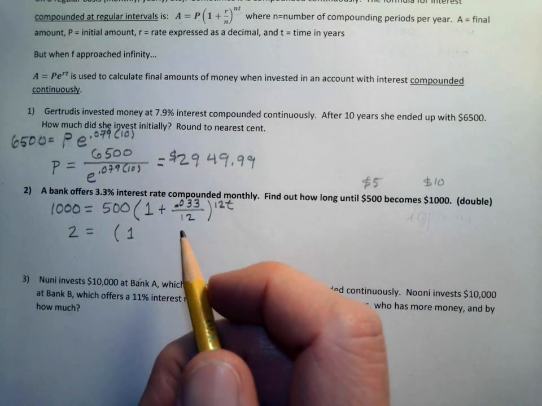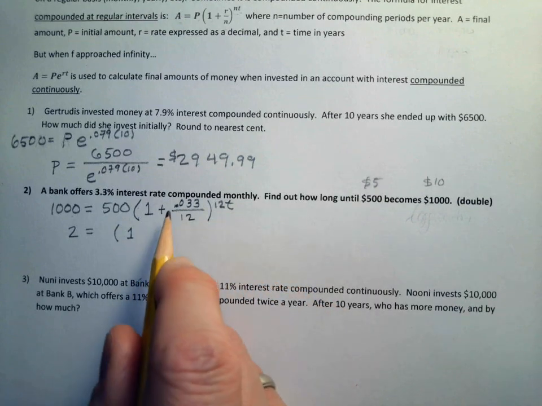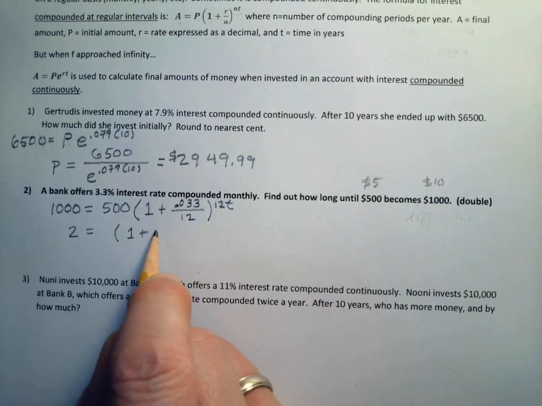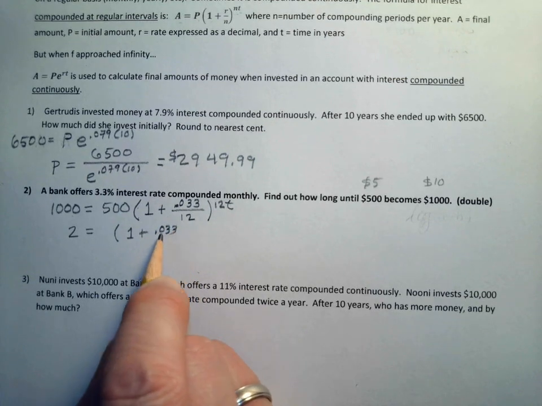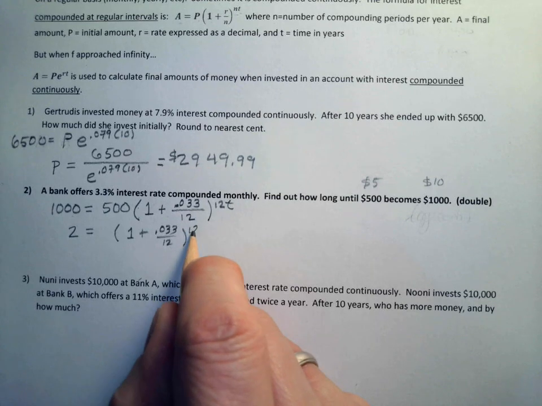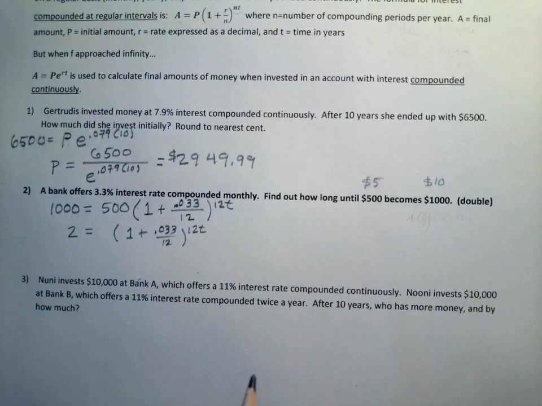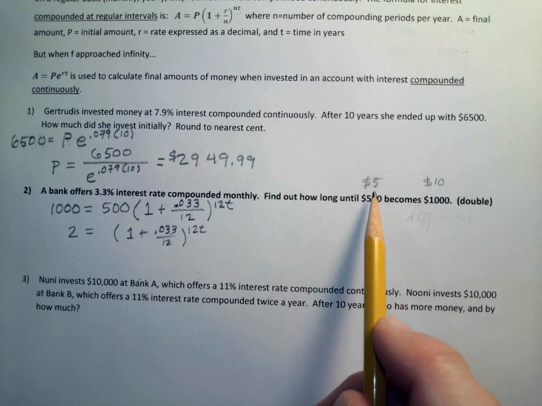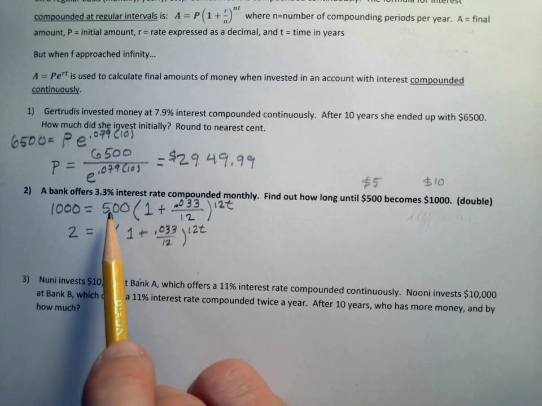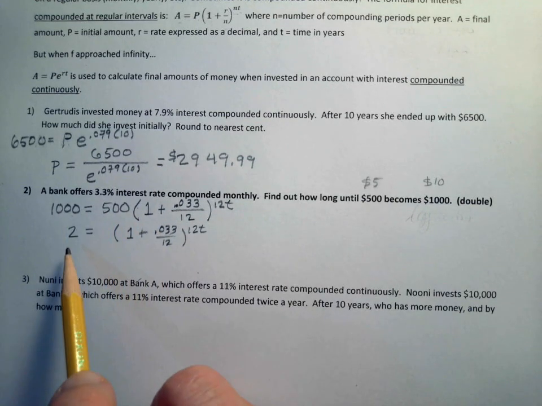And then, let's leave this. We'll do that in our calculators all at once. So I'm just going to rewrite this, and then to the 12t power. Okay. So you can see that if I had started with $5 and asked how long it takes to get 10, I would be dividing 10 by 5 and still get 2.